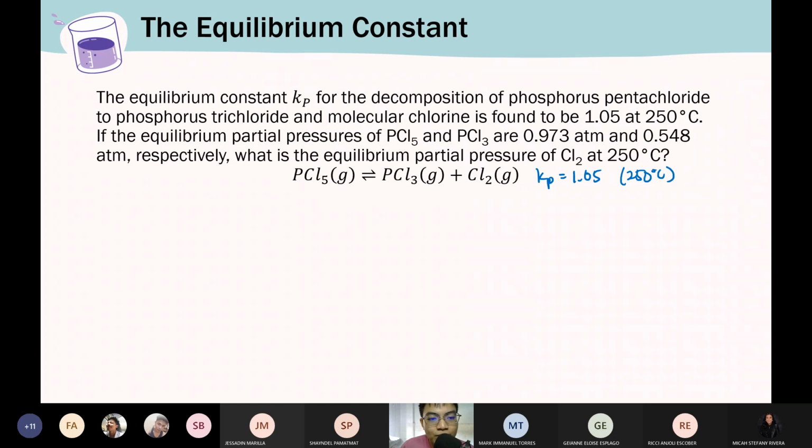If the equilibrium partial pressures of PCl5 and PCl3 are 0.973 for PCl5 and 0.548 atm for PCl3, so what is the Cl2? What's the equilibrium pressure of Cl2?